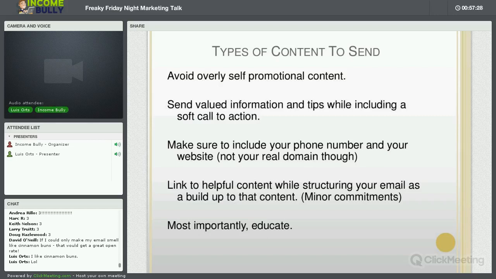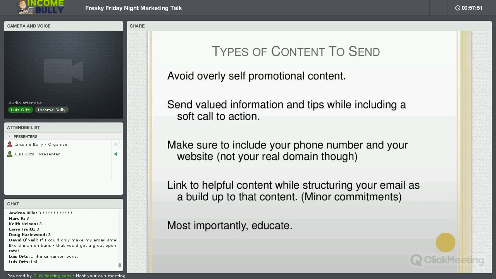You could do a list-type email, like 5 reasons your website's not ranking, or 5 reasons why people aren't calling you when they go to your website. Things like that give them reasons why it's not working, and tips to make it better.